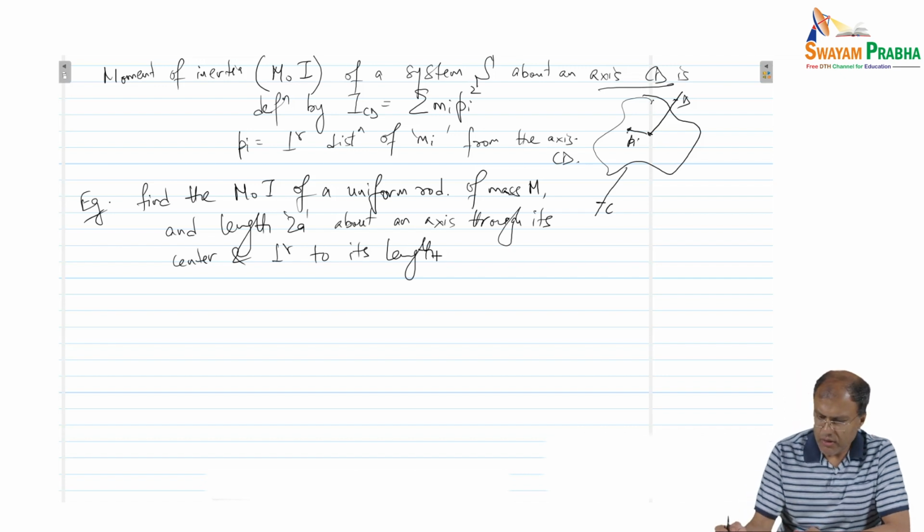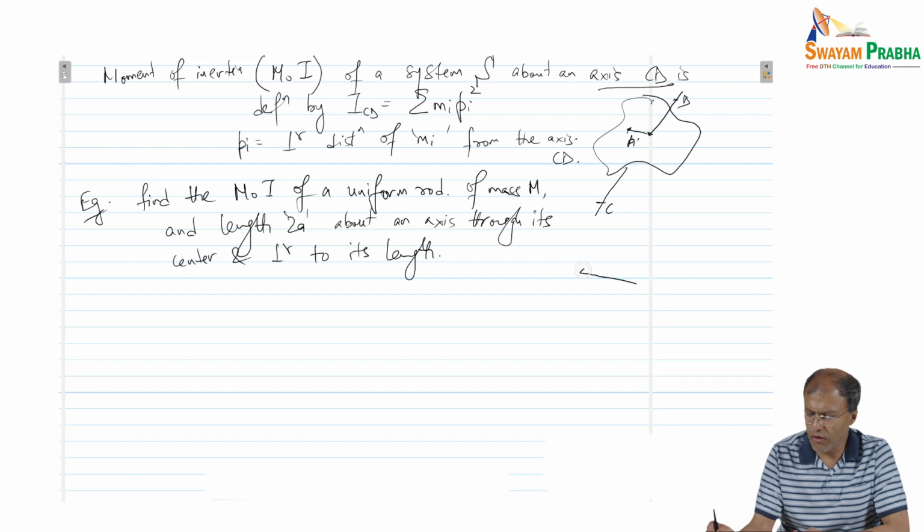So let us see what axis we are talking about. Here is the rod, the diagram, and here is the axis we are talking about, which is perpendicular to the length of the rod. Right, so the axis is through its center and perpendicular to its length.